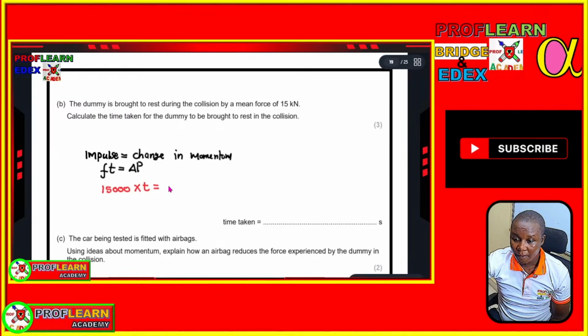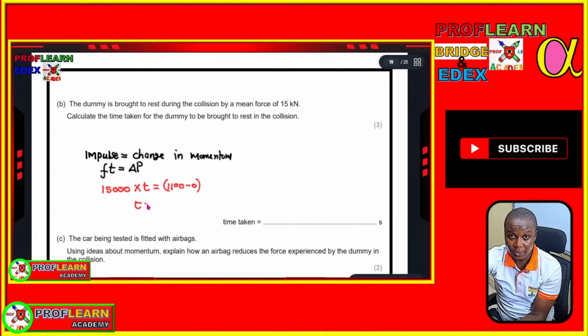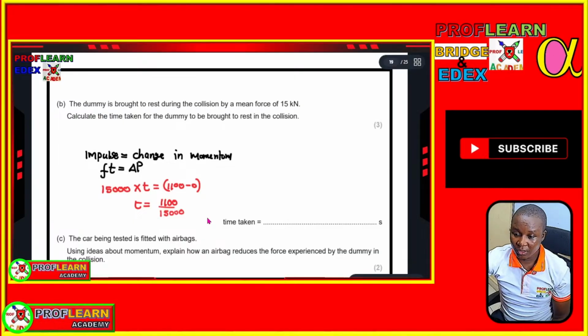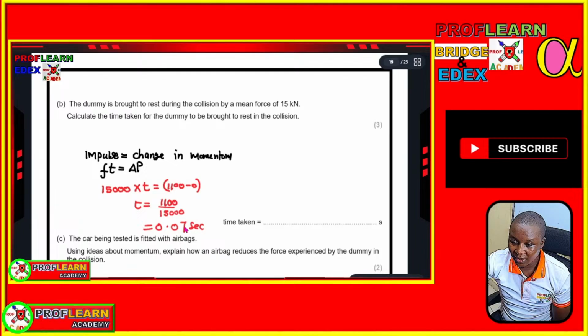We are told that the force is 15k newtons, which is 15,000 newtons, times time. Change in momentum will be 1100 minus 0, because if it was brought to rest, the final momentum will be 0. So change in momentum will be 1100, which we had worked out, minus 0, and then we divide by 15,000. That is going to translate to a total time of 0.073 seconds.